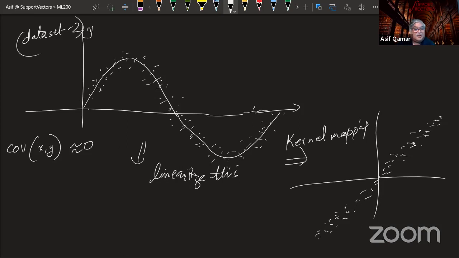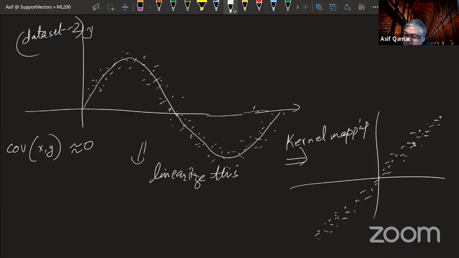You see the two-step process. We can still do dimensionality reduction on a nonlinear curve like this by first linearizing it and then applying our PCA to it. Let me write down the two steps.